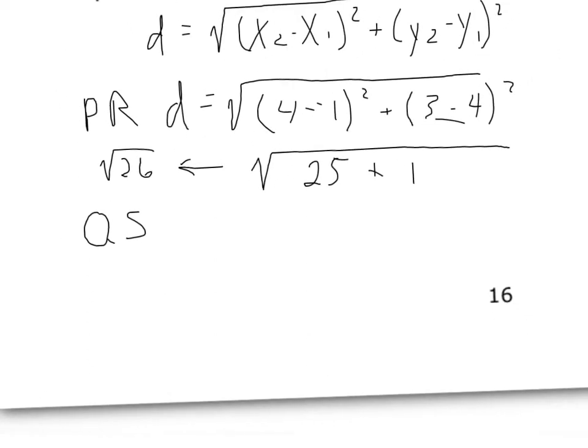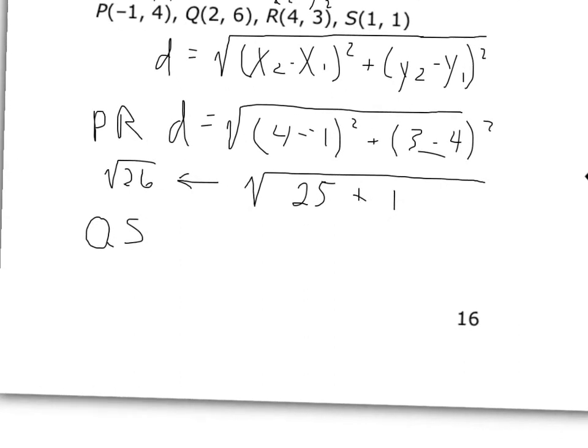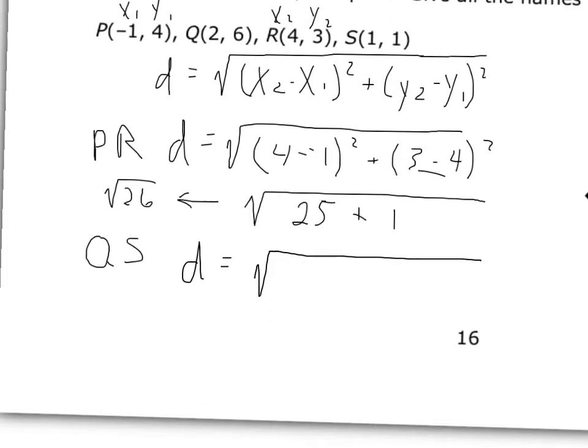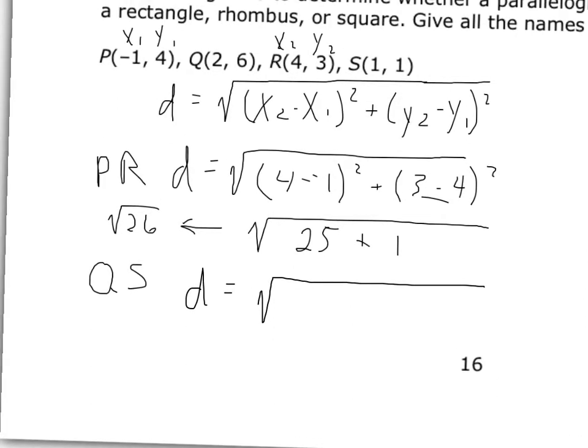Okay, so let's go ahead and plug in our points. We have distance equals the square root, and this time we're doing Q and S. So we got x1, y1, x2, and y2. We can ignore P and R for now.